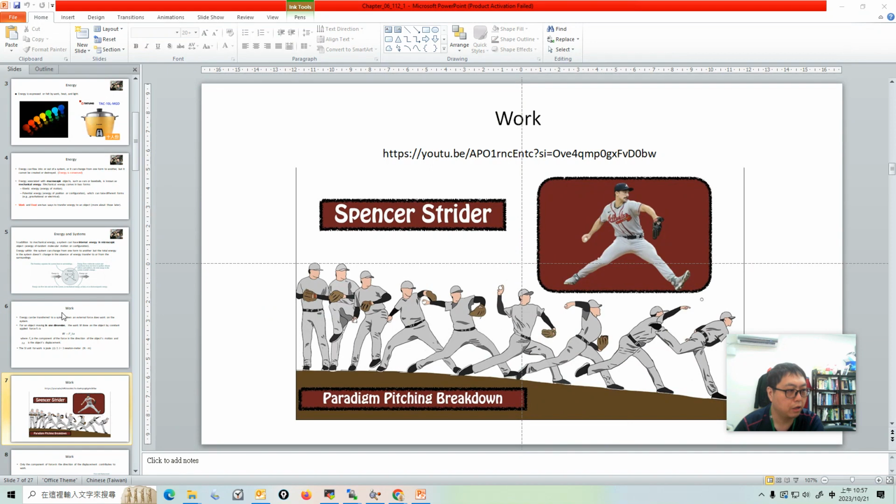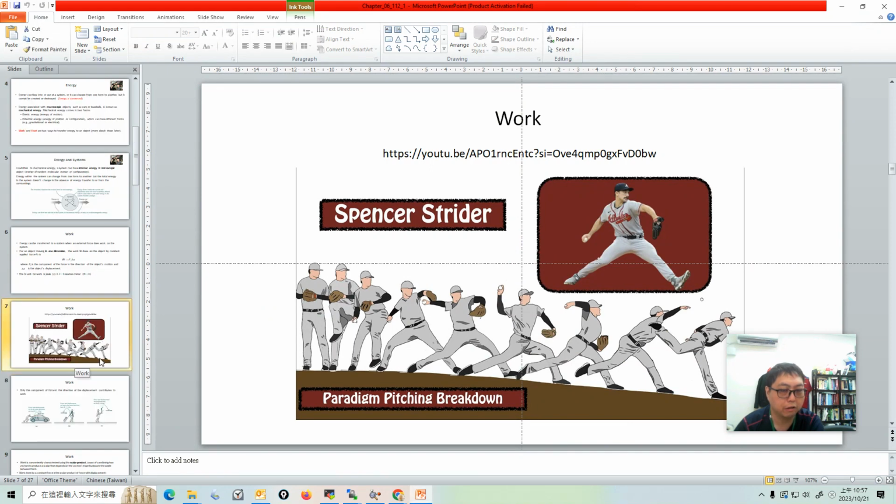Oh yeah, before the next slide, that's a vivid expression of work. You see the baseball picture. In the baseball picture there is a pitcher. When he does the pitch, that means he does work on the baseball. You add energy into the baseball, so the baseball can have a very high velocity as it's released.